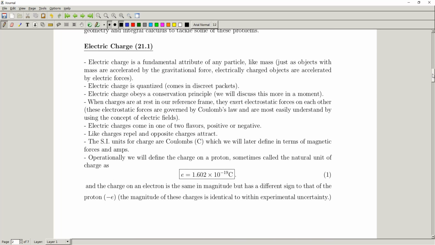Okay. So now delving into the specific sections of chapter 21, we're going to start off looking at electric charge, and this maps to section 21.1 in the text. The text will often go into a little more detail. Generally speaking, most of what's in the text is included in the course.